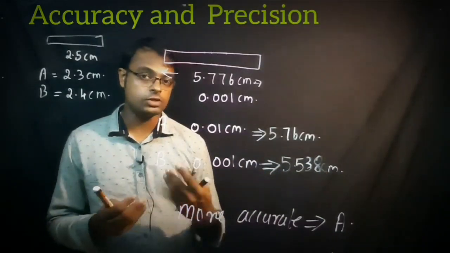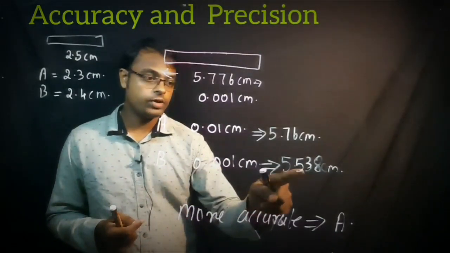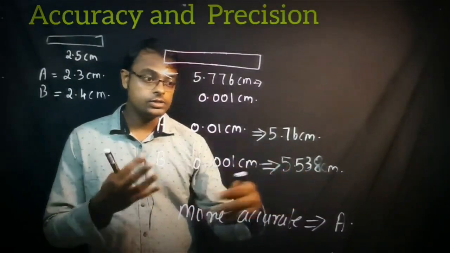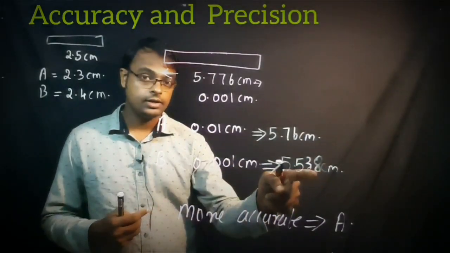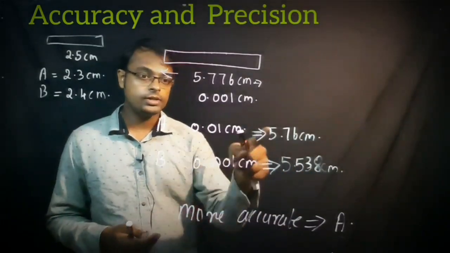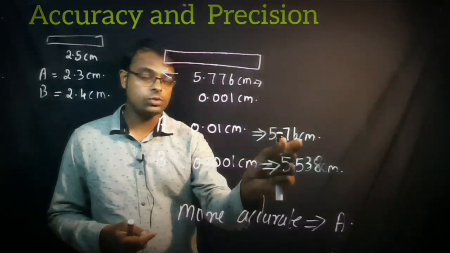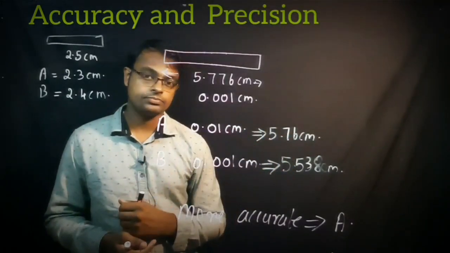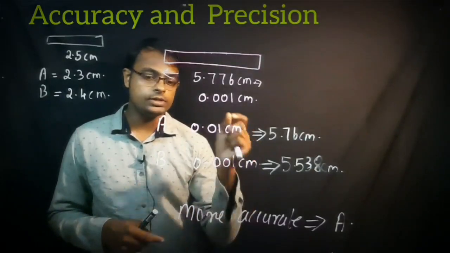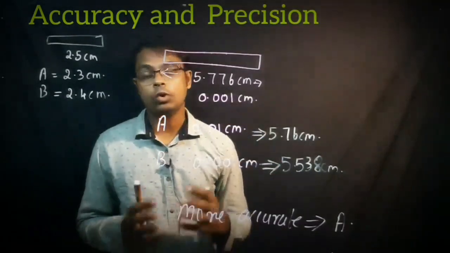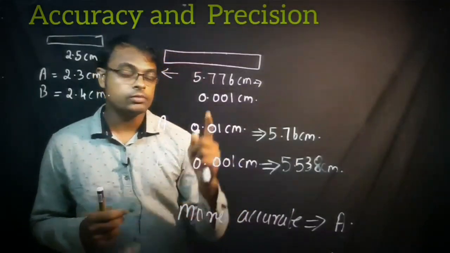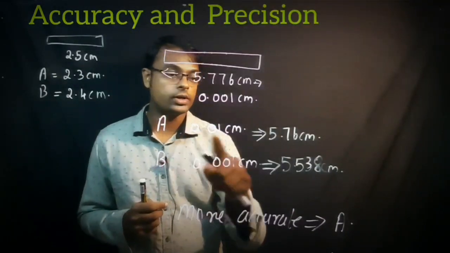That means 5.538, the next value is 5.539, after that 5.540, etc. Student A can measure only 2 decimal points. So we can simply say that the more precise value is for student B, whereas the more accurate value is for student A.